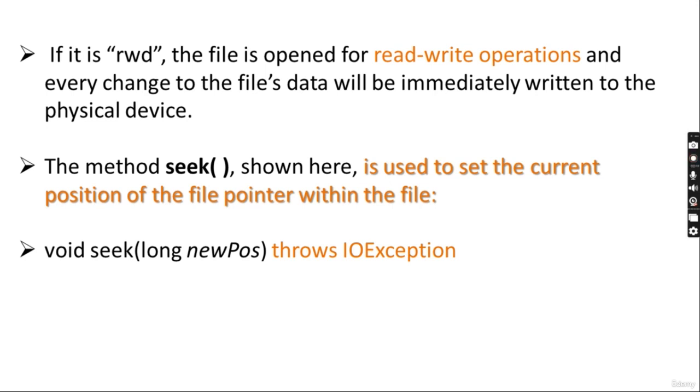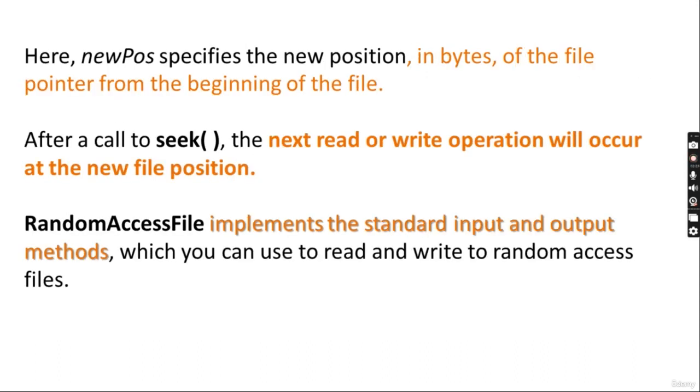The method seek shown here is used to set the current position of the file pointer. The position will be in long format, and it throws IOException. newPos specifies the new position, in bytes, of the file pointer from the beginning of the file.